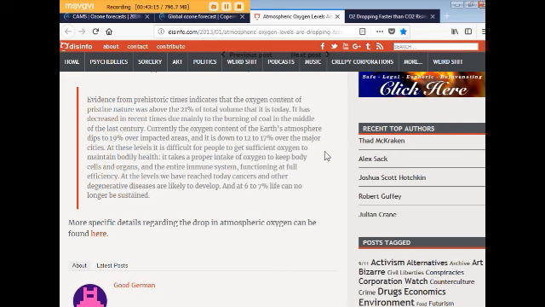At these levels, it is difficult for people to get sufficient oxygen to maintain bodily health. It takes a proper intake of oxygen to keep body cells and organs and the entire immune system functioning at full efficiency. At the levels we've reached today, cancers and other degenerative diseases are likely to develop, and at 6 to 7%, life can no longer be sustained."